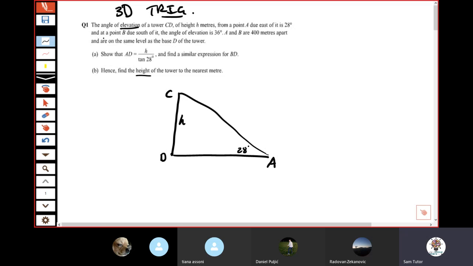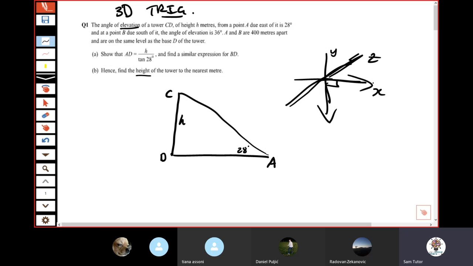Okay, and at a point B due south of it. So you've got to think of it like this. Remember, I'm about to draw this as a 3D triangle. So if this is east, this is south, these east and south are going to be 90 degrees to each other. Just keep that in mind. On a 3D surface, we usually have an x-axis, a y-axis, and a diagonal one, which is called the z-axis.